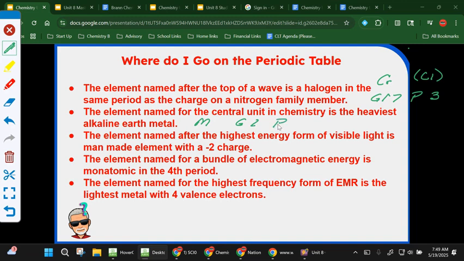And then what period would the heaviest alkaline earth metal be in? Period 7. So what current element is in that spot? Radium. Ra. So that is where you would put the M on your test. Questions?